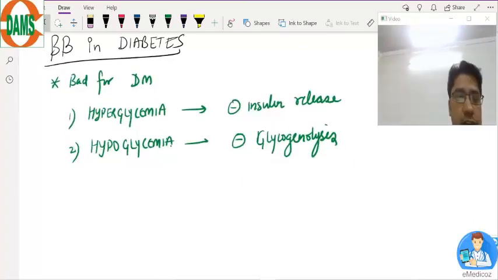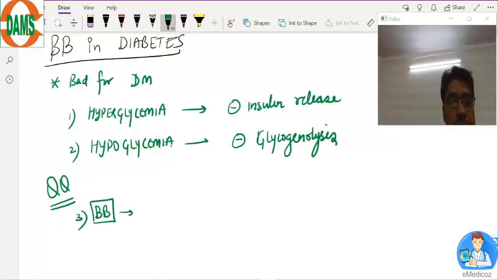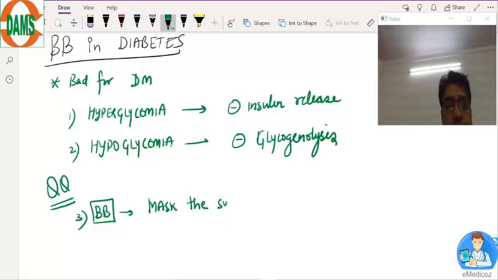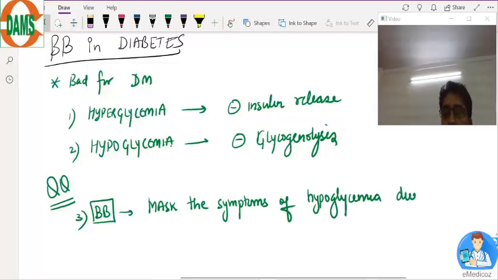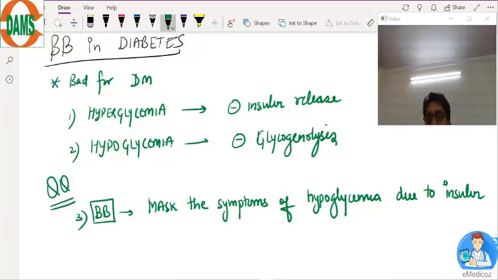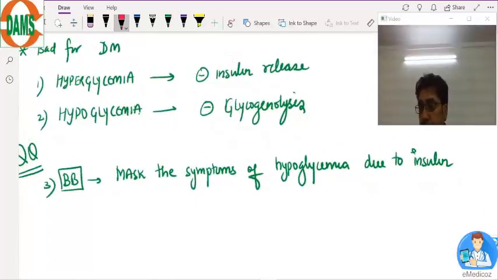And lastly, you will write a very important point that beta blockers mask the symptoms of hypoglycemia due to insulin. This is a very important part.